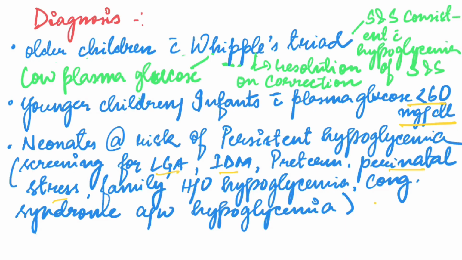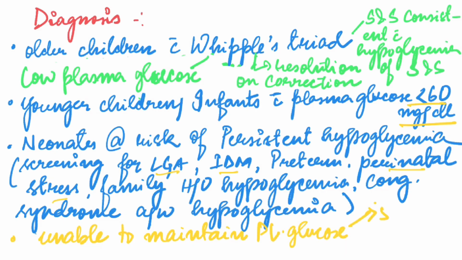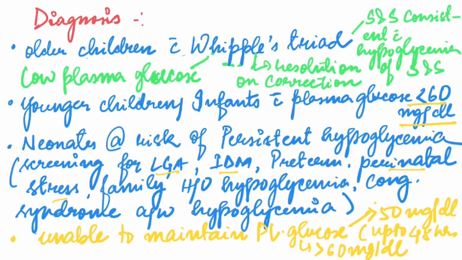Apart from this, we also have to rule out persistent hypoglycemia disorder if a child presents with severe hypoglycemia and is unable to maintain plasma glucose more than 50 milligram per deciliter up to 48 hours and more than 60 milligram per deciliter beyond 48 hours of life.